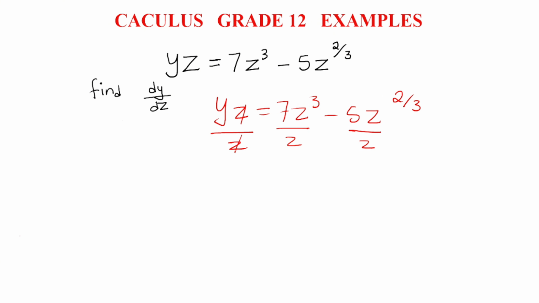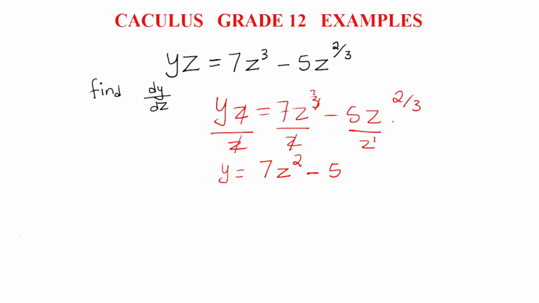Therefore, z and z would cancel out. Then I'm going to be left with y this side. Here, it's 7, 7. Then this z would cancel out with 1 here. Then I'm going to be left with 2. Therefore, it's going to be z squared. And then here, minus 5 will remain at 5. Therefore, here is as good as to the power of 1.